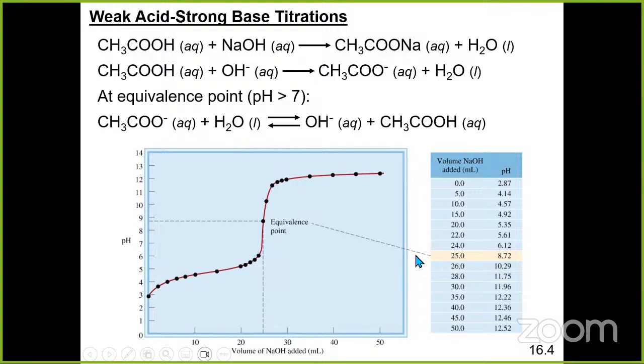So whenever you have the titration between a weak acid and a strong base, at the equivalence point, the pH would be greater than 7. And then when you continue to add more base, the solution becomes more basic, and therefore the pH continues to increase. Okay, so that's what happens in the case of a weak acid, strong base titration.